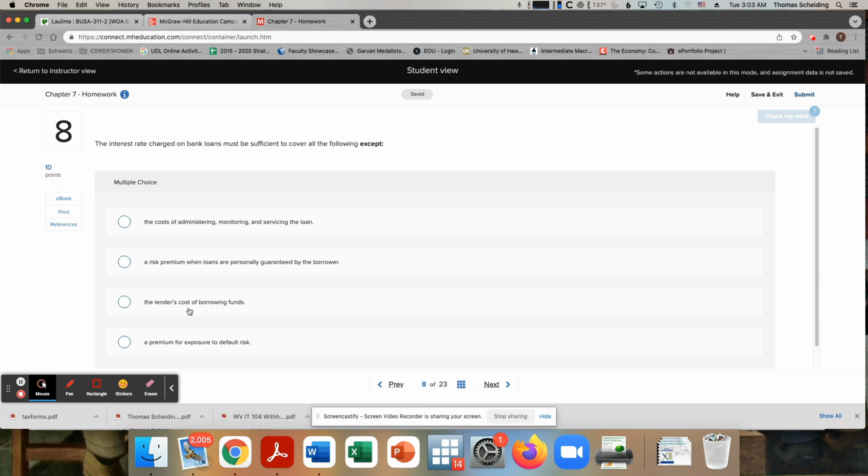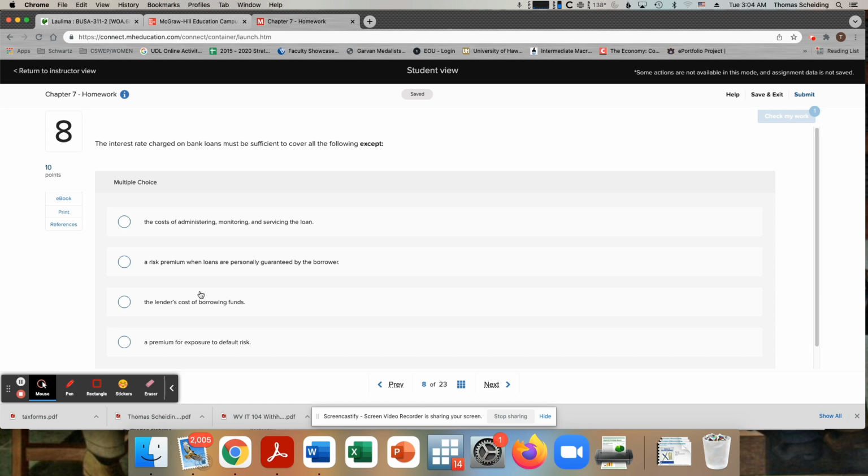The lender's cost of borrowing funds. Yeah, I mean, the bank has to supply the money in some way. And then finally, the premium for exposure to default risk. Yes, that would be part of it as well.